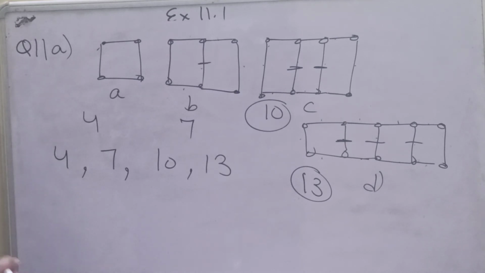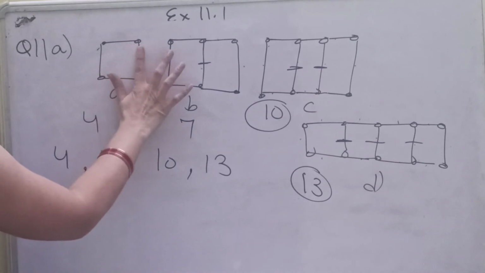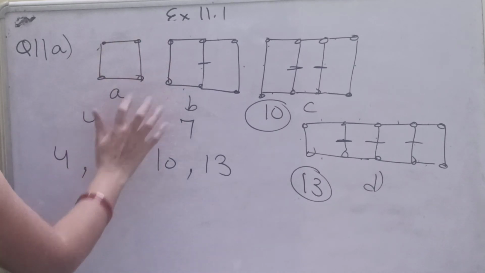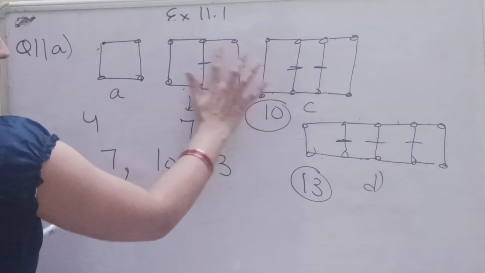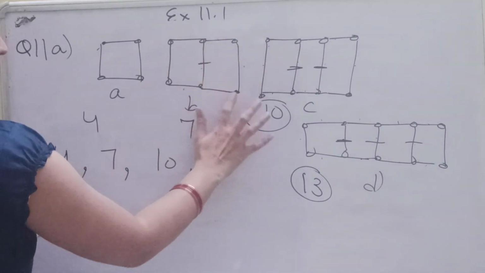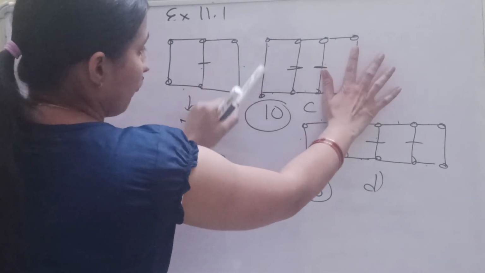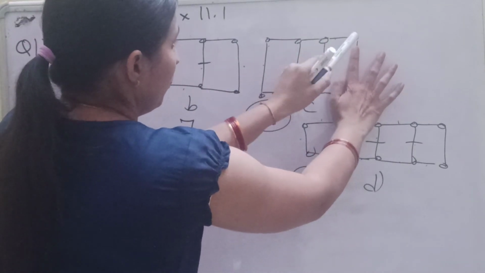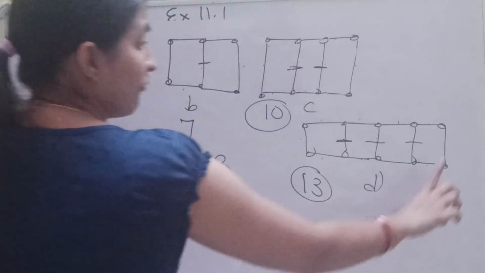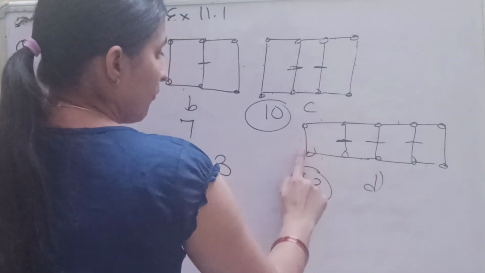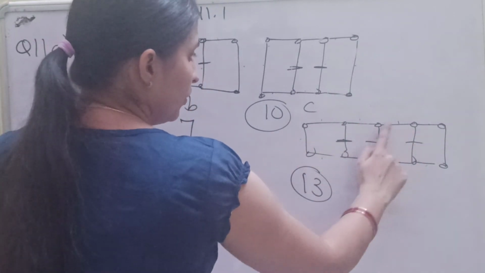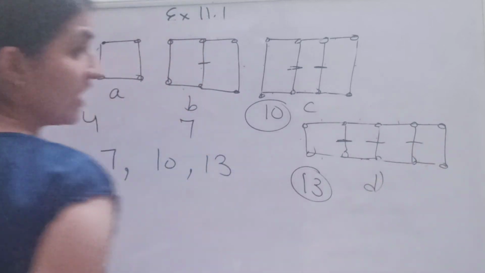So if we see that if we remove this, then this will become 1 C. If we remove this, then this will become 2 C's. If we remove this, then it will become 1, 2 and 3 C's. If we remove this, then it will become 1, 2, 3 and 4 C's.